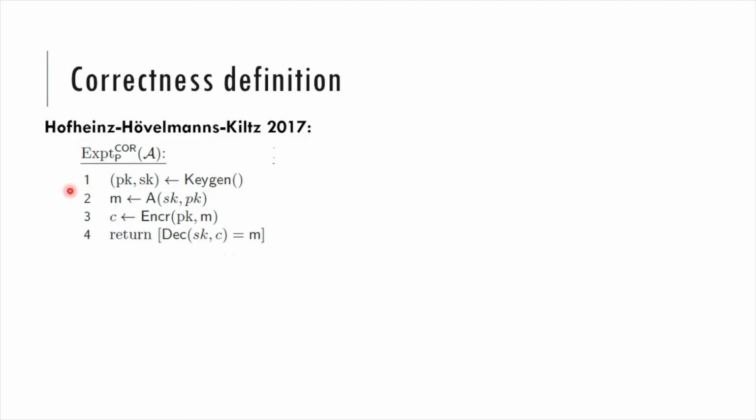In this game, first, a public secret key pair is chosen, which are both given to the adversary. The adversary then returns a message M, which is encrypted by the challenger to the ciphertext C. If the decryption of C gives back M, the game returns 1.